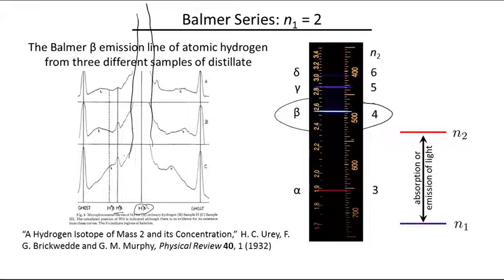There's no evidence for a mass 3 isotope. There is a mass 3 isotope, tritium, but it's unstable and has a very low abundance. So this is a nice application of the very simple reduced mass picture provided by Bohr, the discovery of a substance that in 1931 no one knew existed.